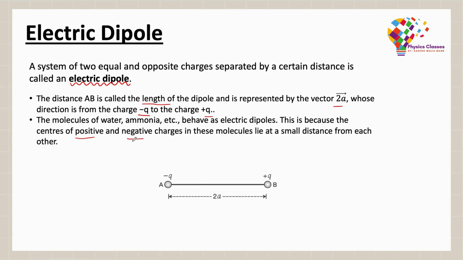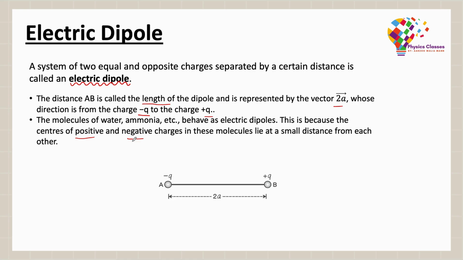How do I know that they are electric dipoles? If you have any molecule where the atoms involved have some electronegativity difference, then there is a possibility that the centers of the positive and negative charges do not coincide. They are probably separated by some distance, and therefore they work like an electric dipole.